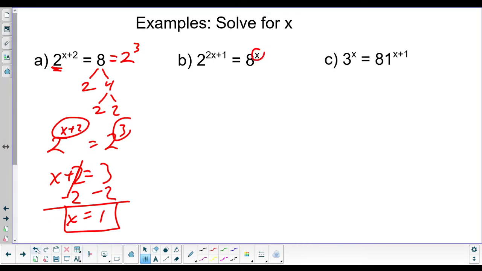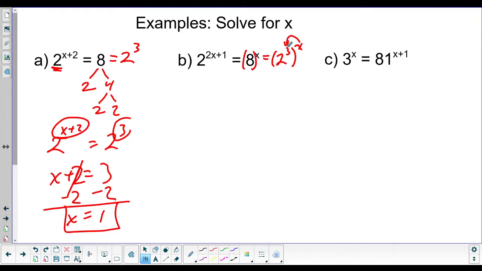All right, what happens if we have a power outside? So let's look at this. We already know that 8 is 2 cubed. So where the 8 is, you replace it with 2 cubed. And then you still have this exponent of x on the outside. Then we know from our exponential unit that if we have something in parentheses to a power, you distribute the power in.